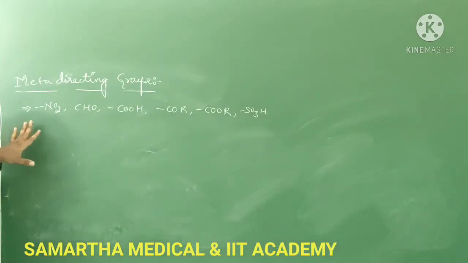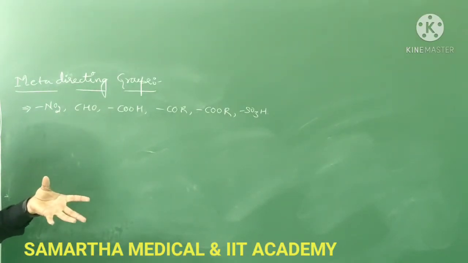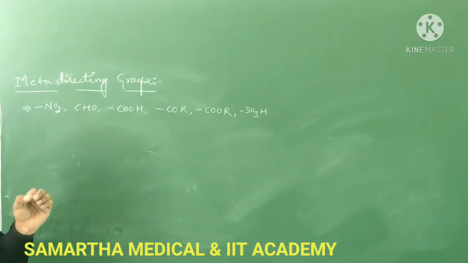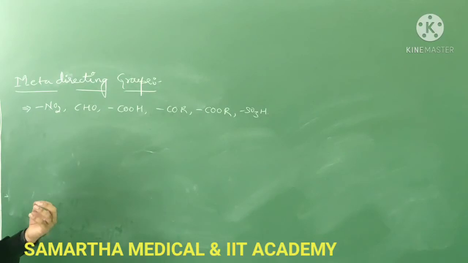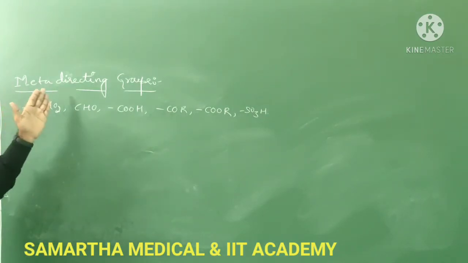These groups are electron withdrawing groups, so they withdraw electrons from the ring itself, thereby decreasing the electron density at the ortho and para positions. At the meta position the electron density is somewhat higher compared to ortho and para. That's why the meta position is electron rich, and the incoming group gets located at the meta position itself, guys. That's why we call such groups meta directing groups.